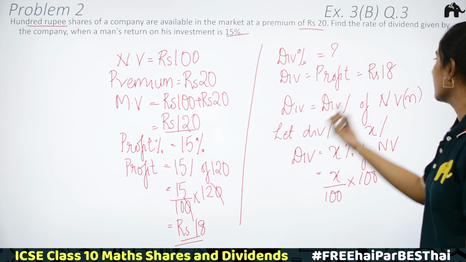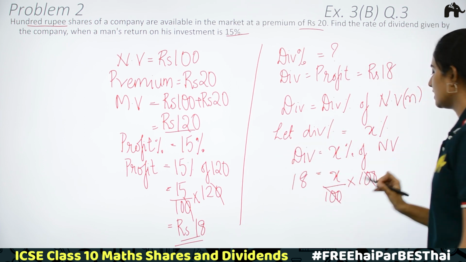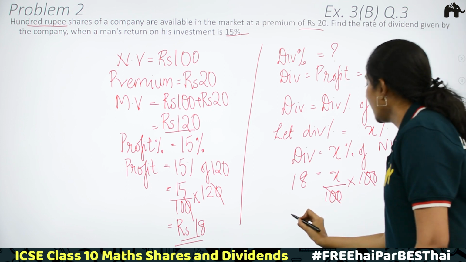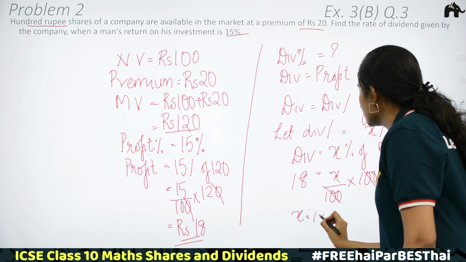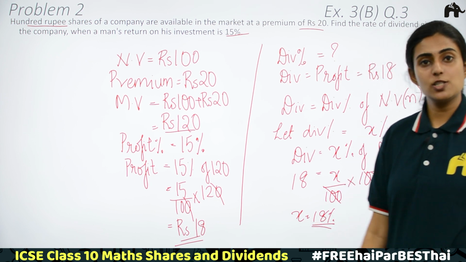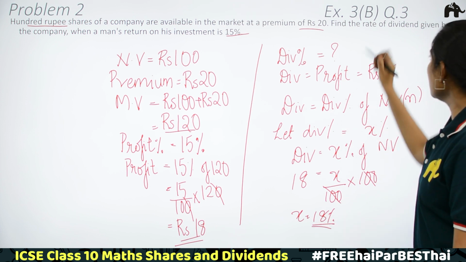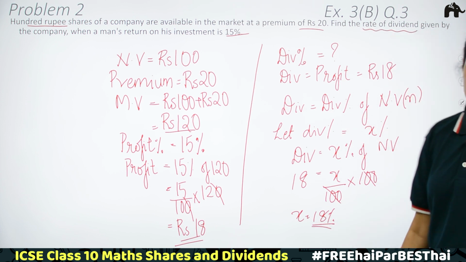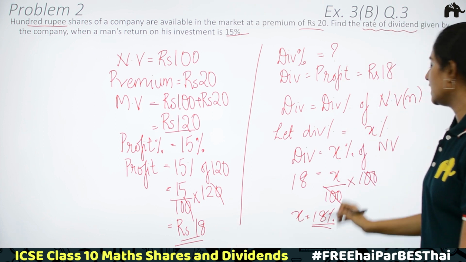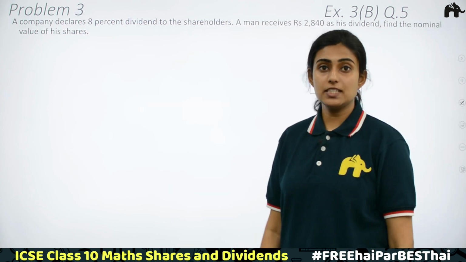What is dividend? Dividend is 18. Cancelling hundreds, we'll be getting x is equal to 18 percentage. So, we calculated the rate of dividend. Rate of dividend is equal to 18 percentage. Clear? Next question.